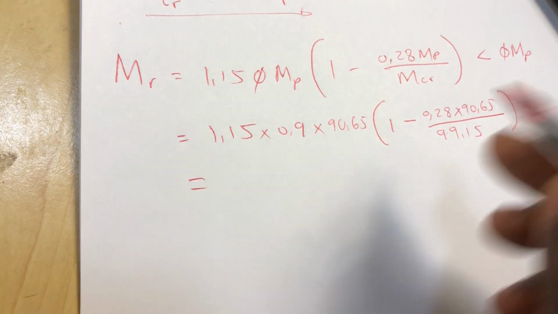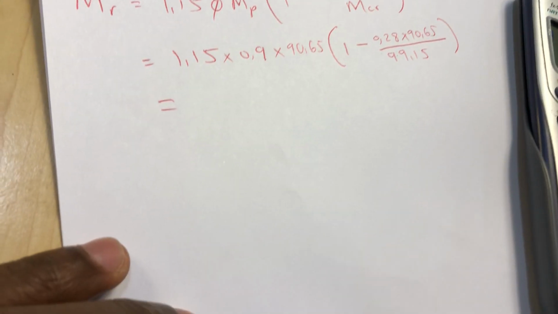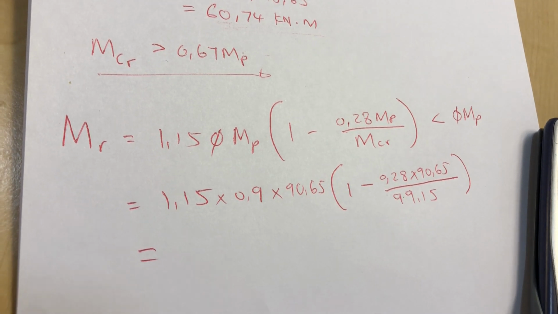Okay, so what value do we get there? 1.15 times 0.9 times.